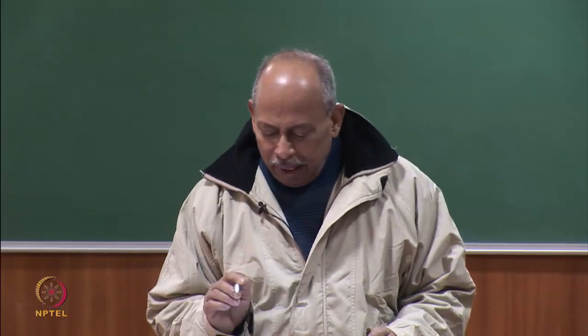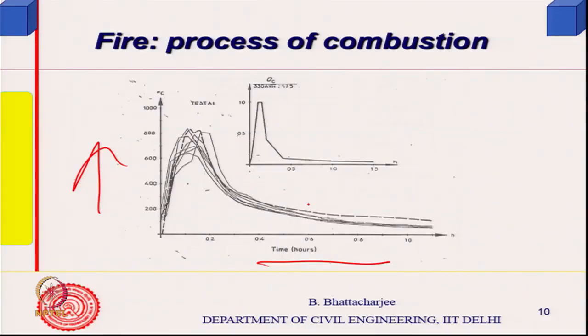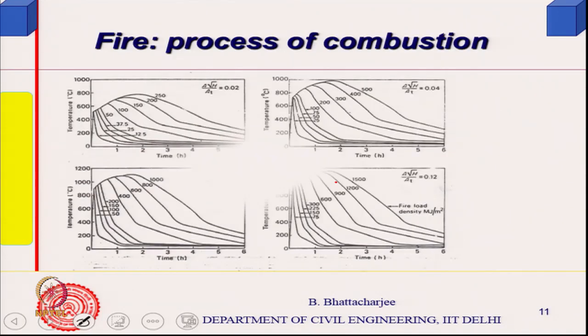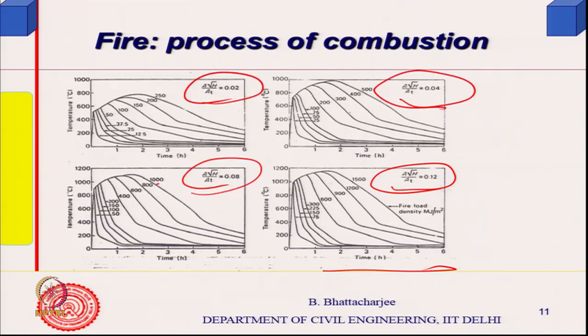So typically this is a function of the fire load as well as the ventilation condition. These are the kind of curves that you would have: time, various opening factor values, and these are the fire loads, from low fire load to high fire load.